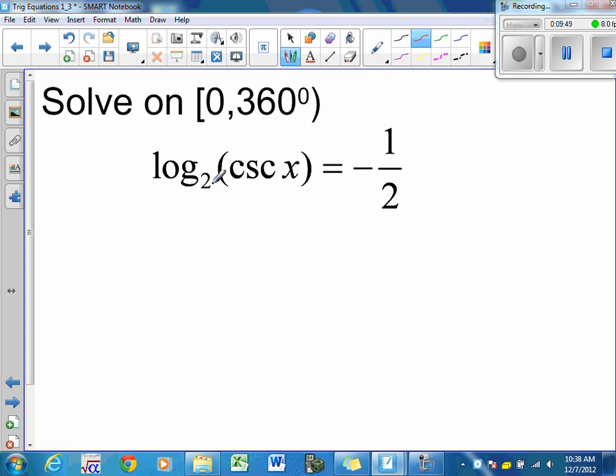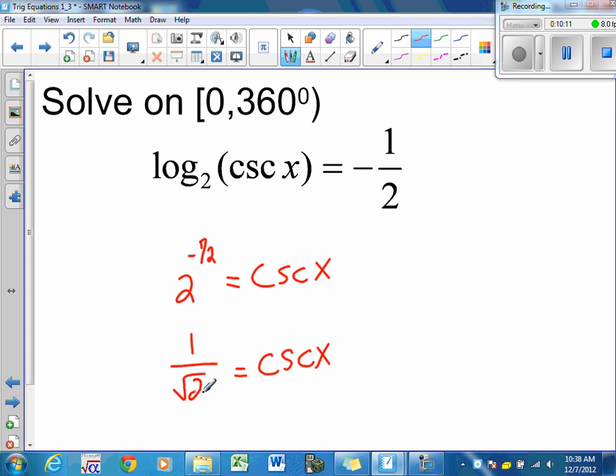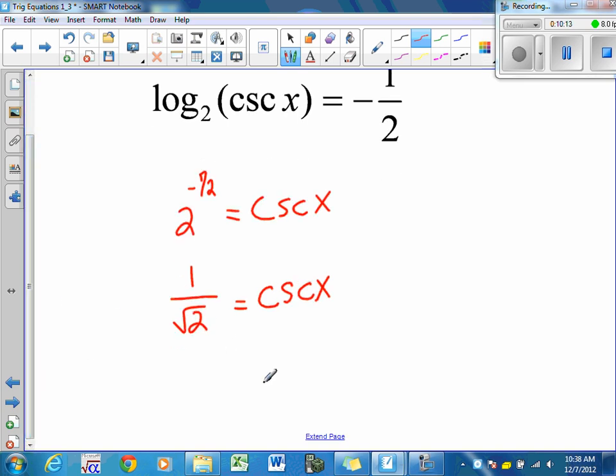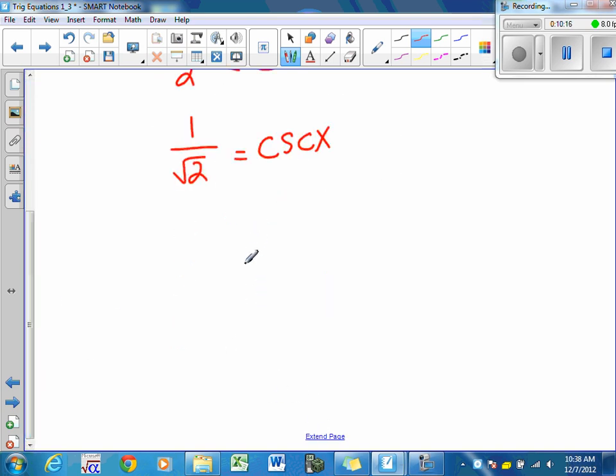Quadratics, factoring, and logarithms. Bring that back in to see what we remember. Logarithms. Log base 2 of secant of x equals -1/2. Remember, from logarithmic form to exponential form. Now remember, 2 to the negative 1/2 is going to be 1 over the square root of 2. This is going to be cosine when we flip it.